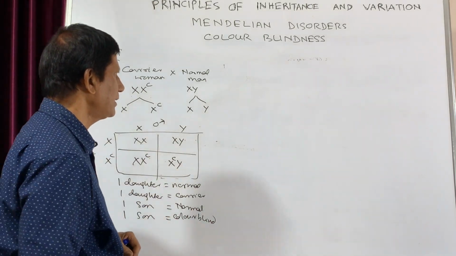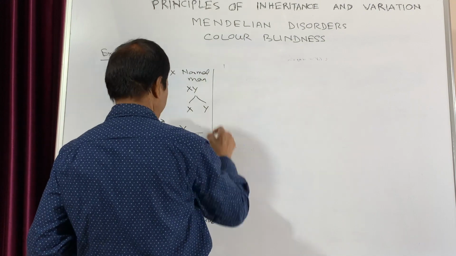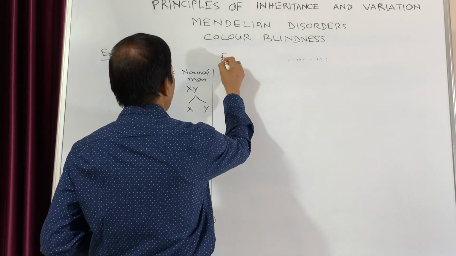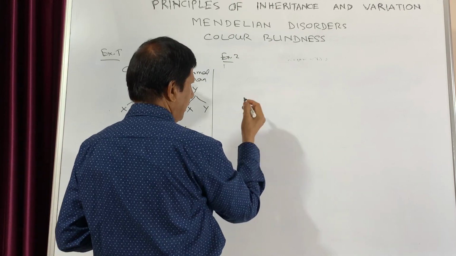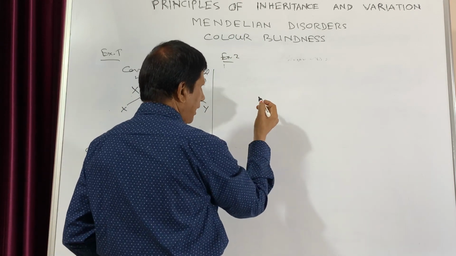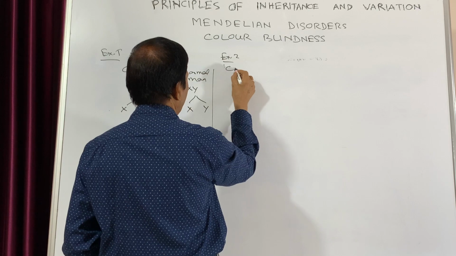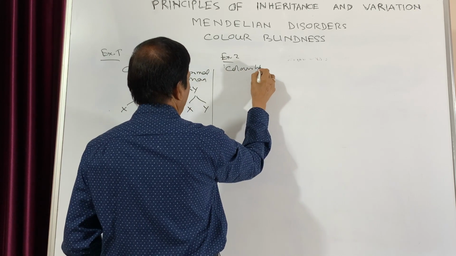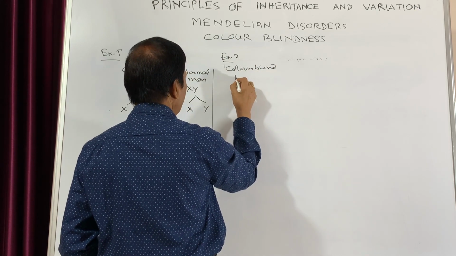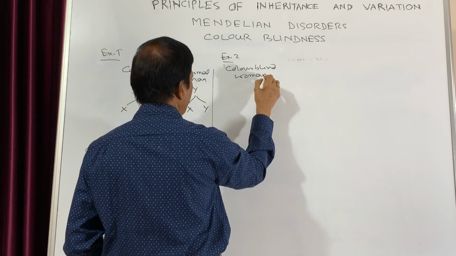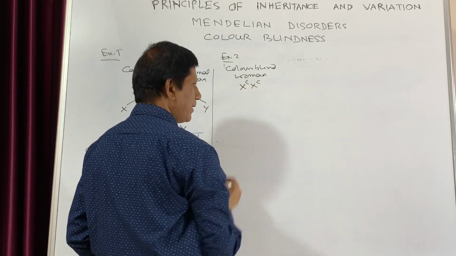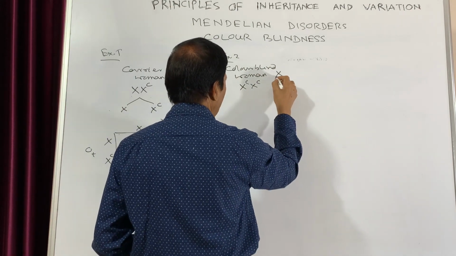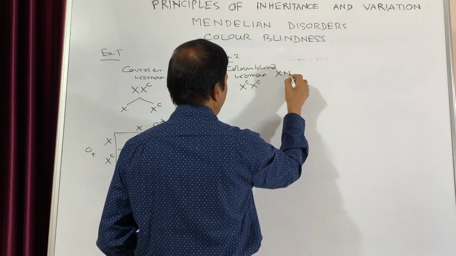Now let us take the second example. Example number 2. So in the second example, let us take colorblind female. Colorblind woman. And this colorblind woman means it will be XC and XC and will marry to a normal man.